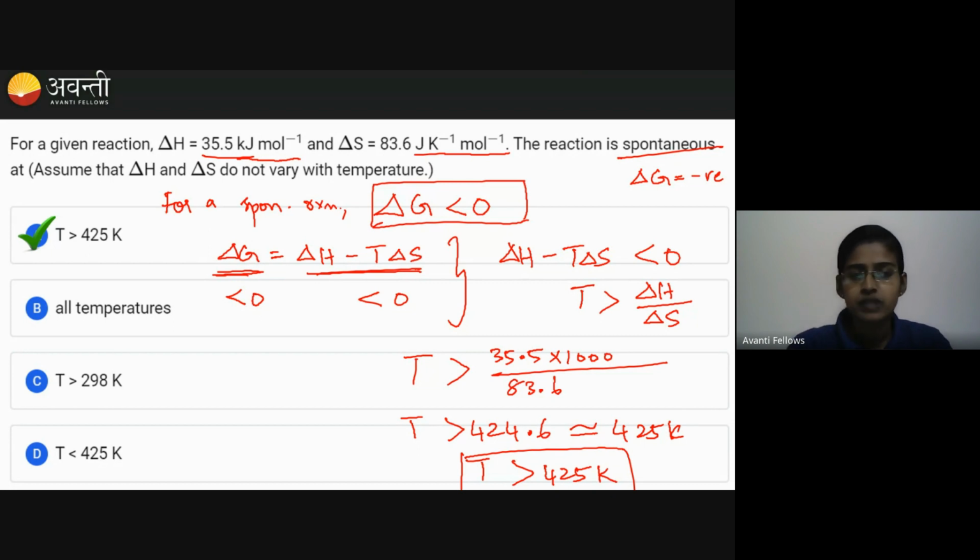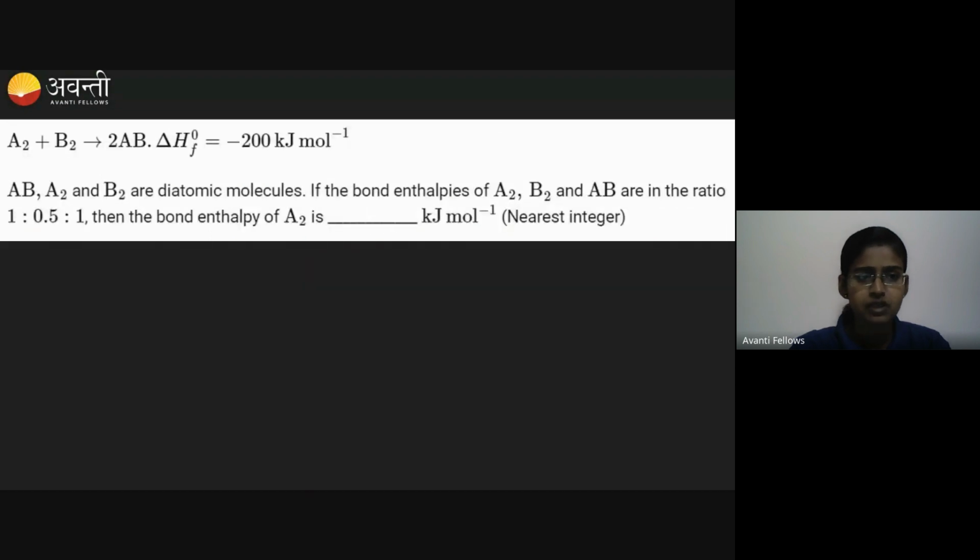We will move on with one more thing. A2 plus B2 giving 2AB. For this reaction, the standard enthalpy of formation is given as minus 200 kilojoule per mole. AB, A2 and B2 are diatomic molecules.